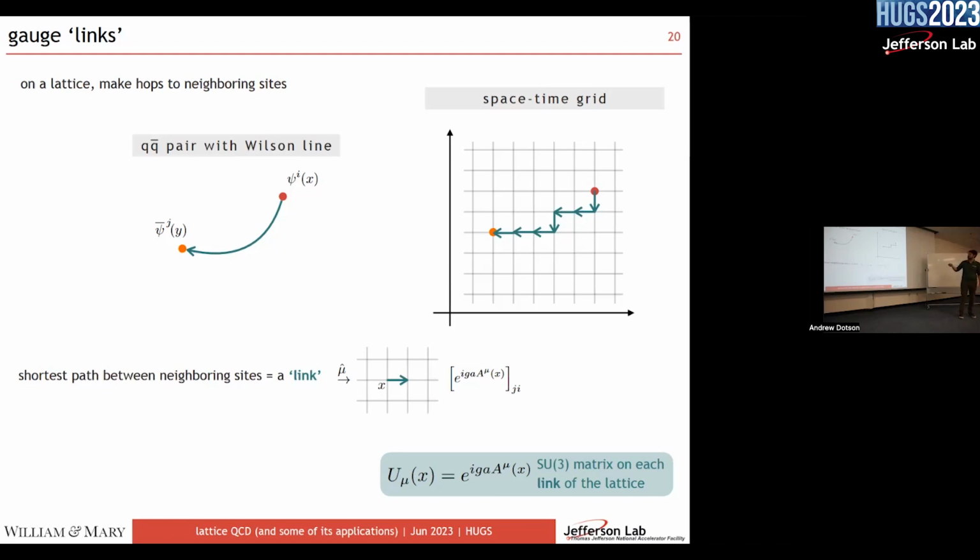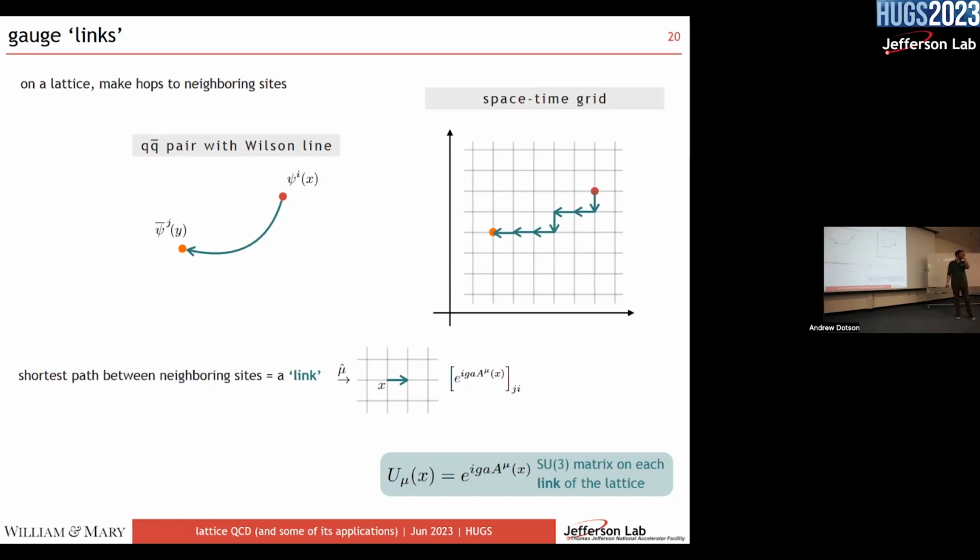That's the only consistent way to define such a thing. And then it's immediately apparent to you, well, there's a shortest possible Wilson line, which is from one point to a neighboring point, like that, or like that. And so for obvious reasons, we call that a link.